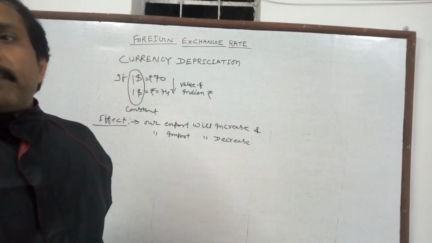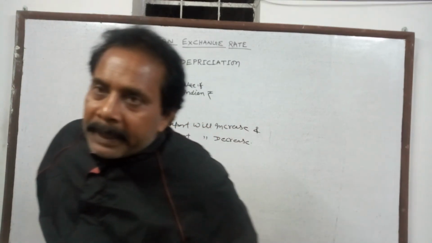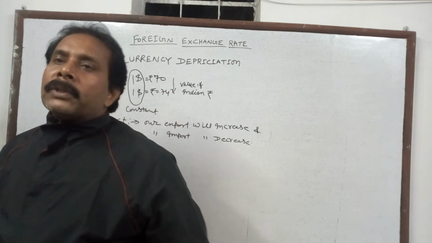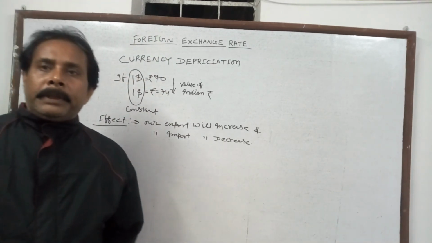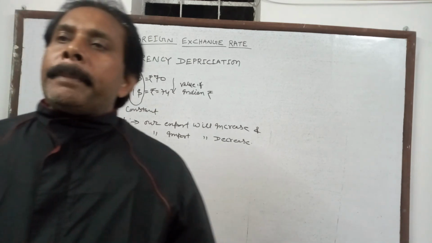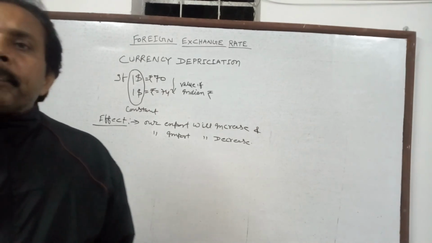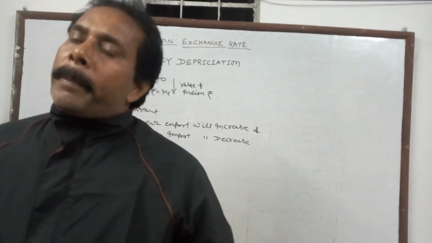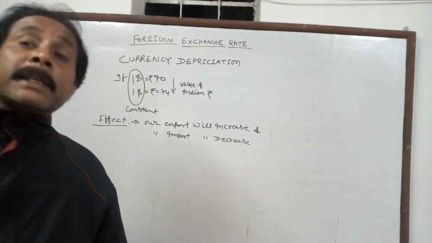So in simple words we can say depreciation of domestic currency means fall in the price of domestic currency in terms of rupees. As a result, what will happen? From the same amount of dollars, more goods can be purchased from India. From India means when we export.